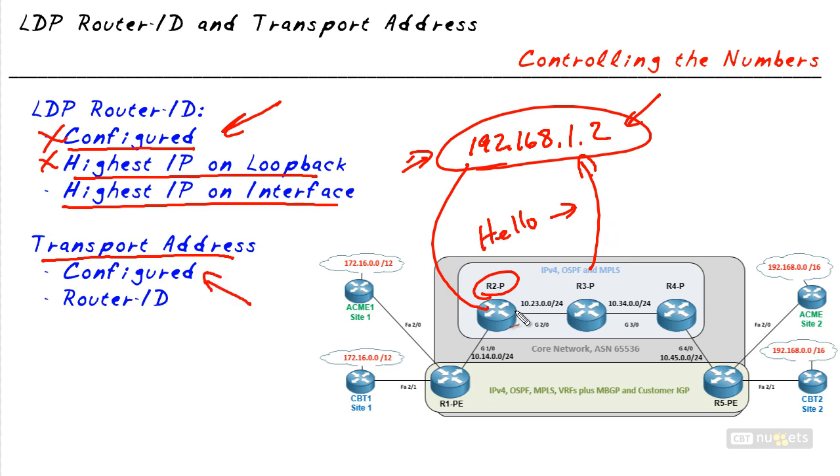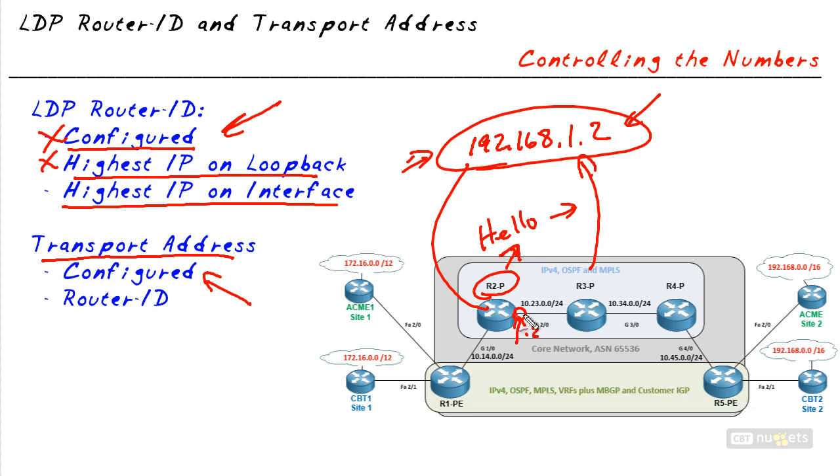We could go to this interface, for example, on R2, gig 2/0, and the IP address on this interface is 10.23.0.2, and we could tell that interface, in interface configuration mode, please, when you send out hello messages on this interface, go ahead and use the IP address of this interface as the transport address that's part of the payload in this hello message.